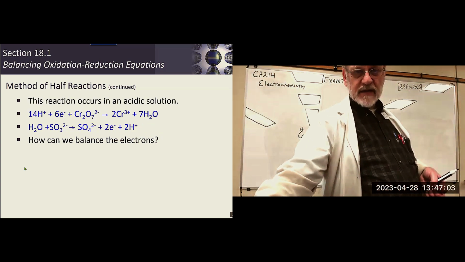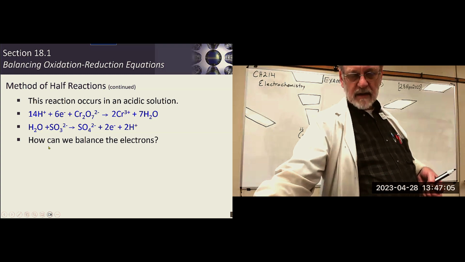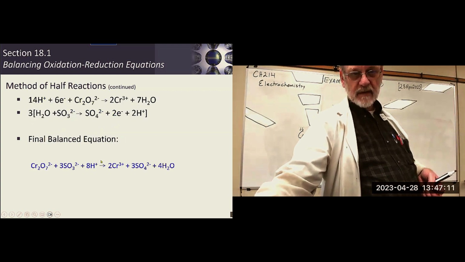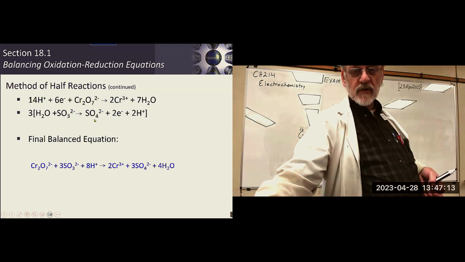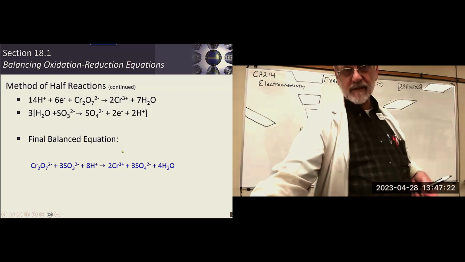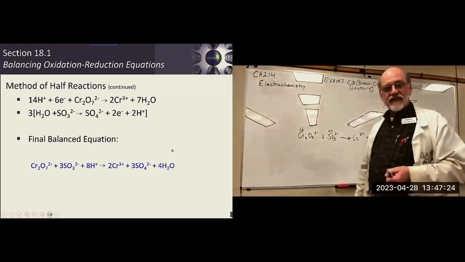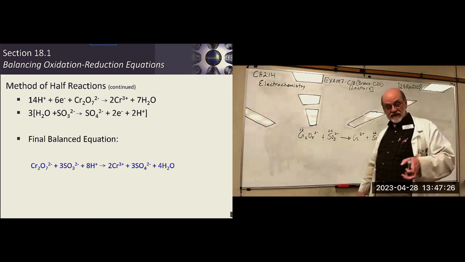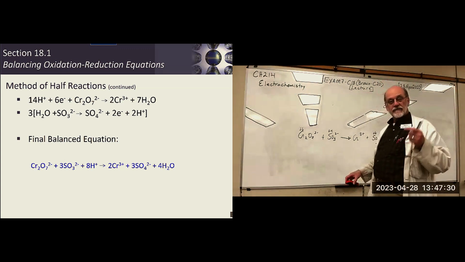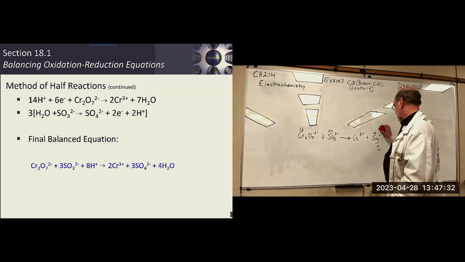Here we go, there's the 2 chromiums. And then we want to be sure that the electrons are correct. So that's 3 times this one to give you 6 electrons to balance those 6 electrons. Then we can add them together, and there's our final balanced equation using the half reaction method for acid solutions.